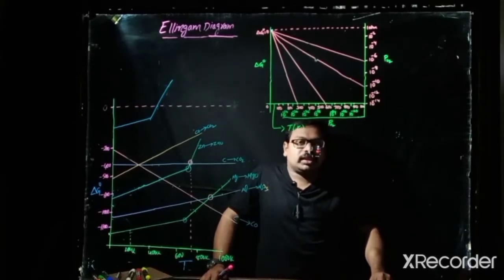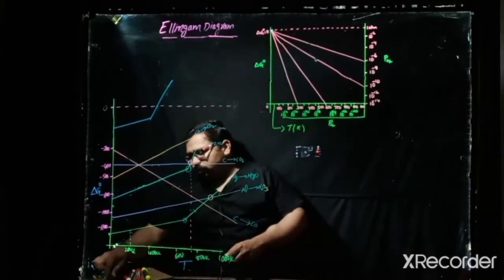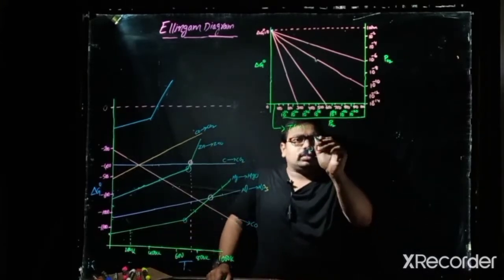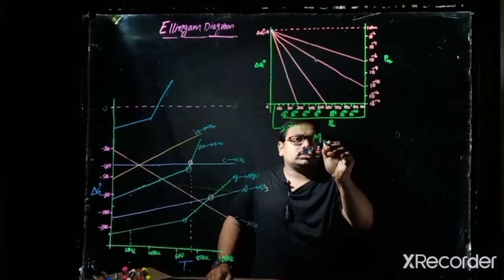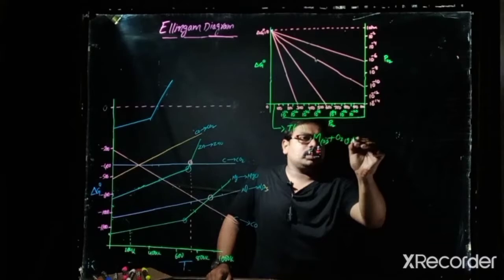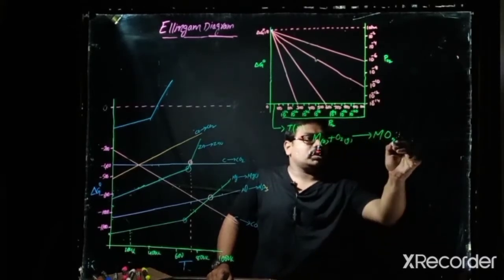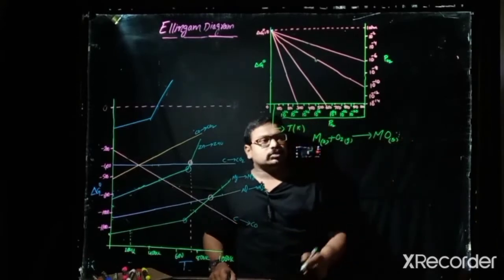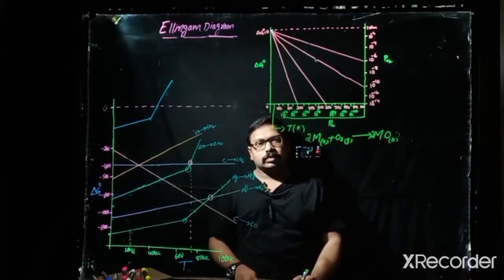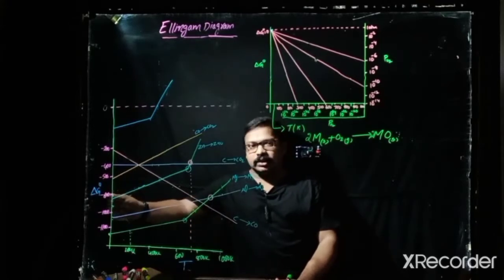Here the metal, which is solid, reacts with oxygen, and we get the metallic oxide, which is also solid. This is what we call the oxidation of the metal. During the oxidation of metals, we calculate the standard Gibbs free energy.